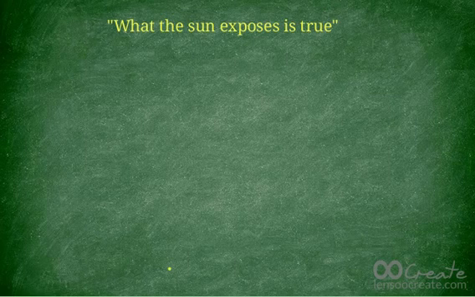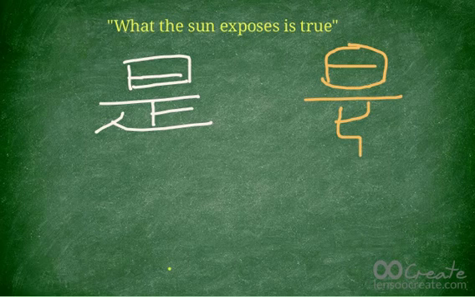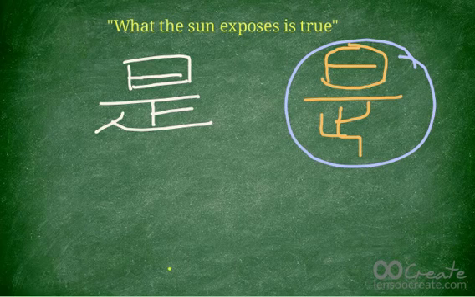So let's recap a little bit of the character. Here's the modern writing, and here is the primitive writing, and hopefully you're starting to see more of the picture. And these are the meanings when this one came about, when they were creating this character.